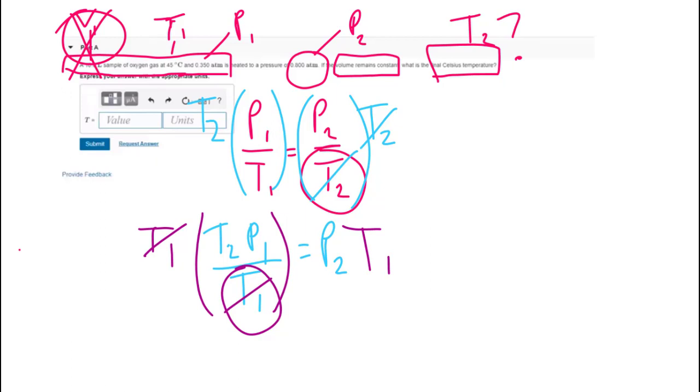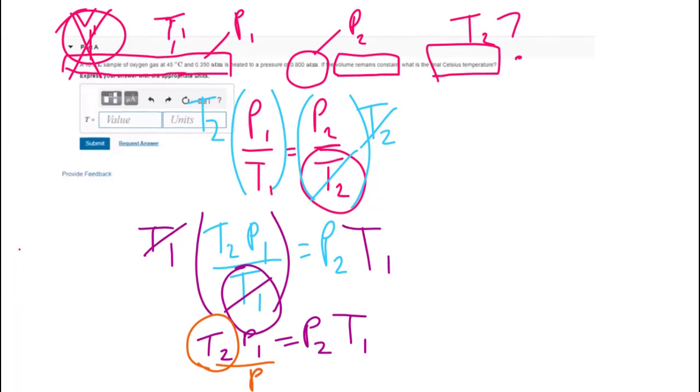So now that leaves me with T2 P1 equals P2 T1. Okay, good, we're making progress. Now I can say, how do I solve for T2? If I look at this, let's see, I'll use orange here. To solve for T2, I want that by itself, so I'm going to get rid of P1. So divide both sides by P1.